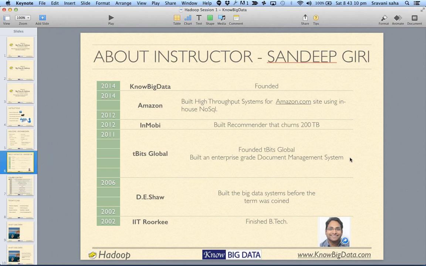Let me read out. We have Chidambaram or Chidu from Infosys, and welcome Chidambaram. We have Renia from Jeddah, and we have Devender who is working at HCL on cloud and virtualization. Welcome Devender. We have Harshal Shah from Los Angeles, who says hi to everyone.